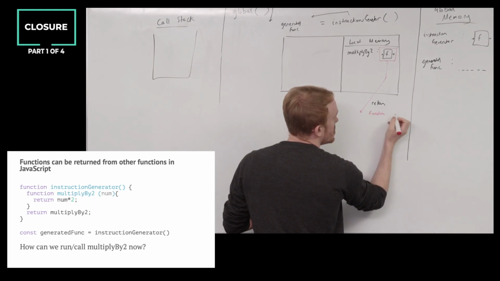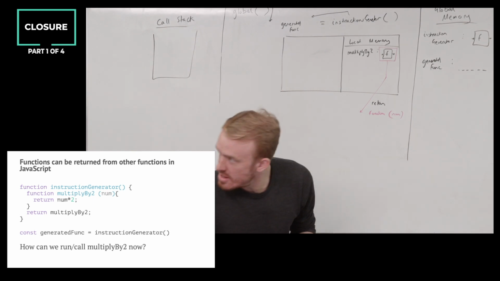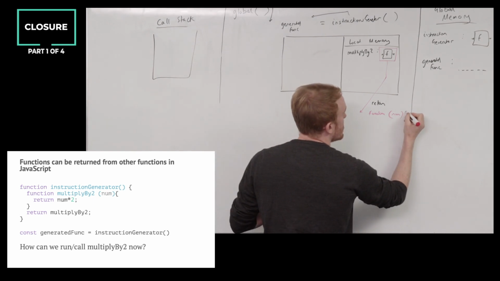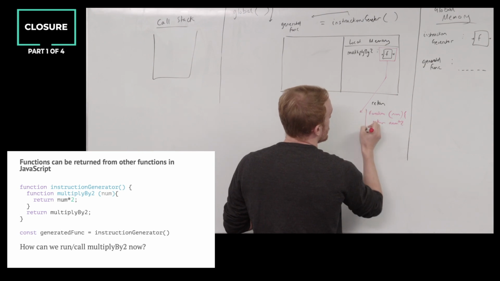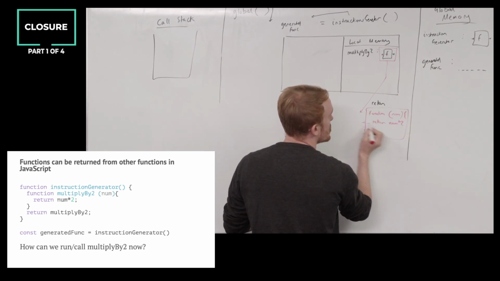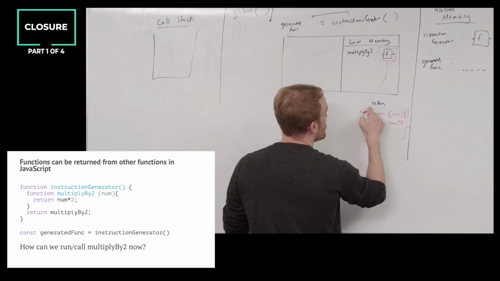It looks a lot like this: return function, no name. Well, it has a parameter, num, and then return num * 2.